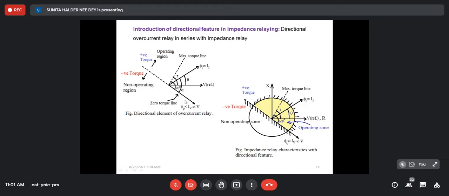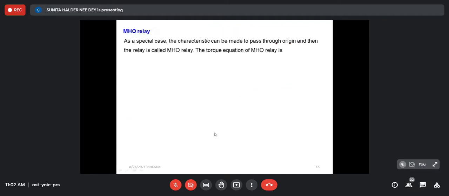Now, if we can enclose this feature within the first quadrant, then we can derive an impedance relay which will have the directional feature. In that case, obviously, resistance and reactance are the axes, and the characteristic will lie only in the first quadrant. That feature we may obtain using the directional overcurrent relay with voltage restraint.